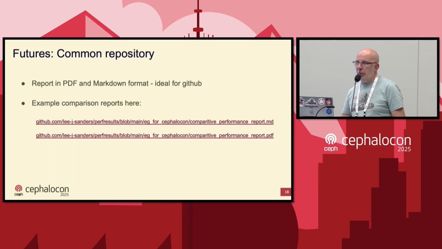I mentioned a common repository. I've got some sample URLs that you can feel free to take a look at here, which have some example performance data that the report generator currently supports. But obviously, as we're adding new features, the report will get improved.